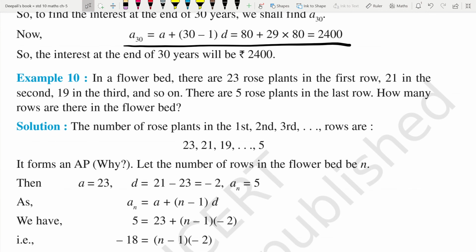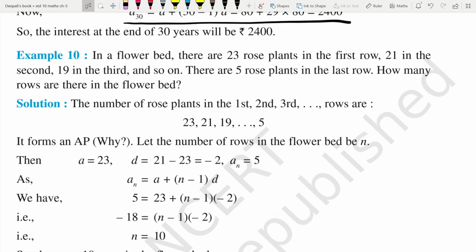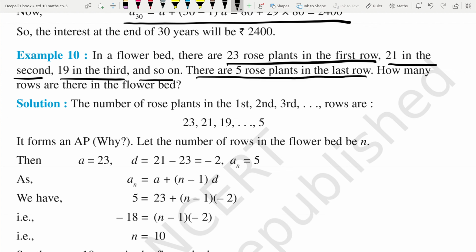Let us do one more illustration. In a flower bed, there are 23 rose plants in the first row, 21 in the second, 19 in the third, and so on. There are 5 rose plants in the last row. How many rows are there in the flower bed? Again we are supposed to find n. The number of rose plants in the first, second, third row are 23, 21, 19 and so on, and 5.